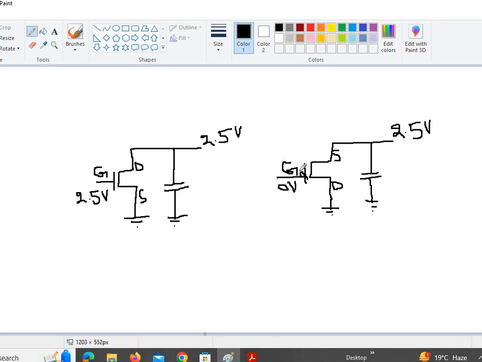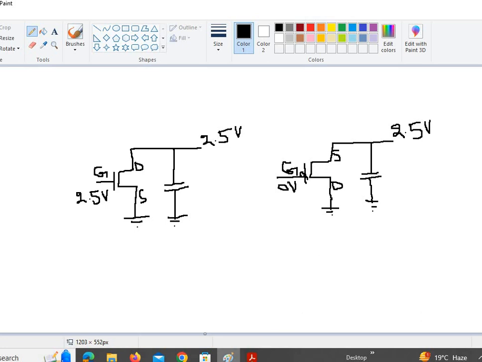This transistor still conducts at 0.5. But when it's discharged to 0.4 volts, at that point we are at the threshold level of the PMOS transistor. So below that, this transistor would stop conducting. And that's why I say that we cannot pull the output all the way down to 0 volts if we use a PMOS transistor in the pull down network.